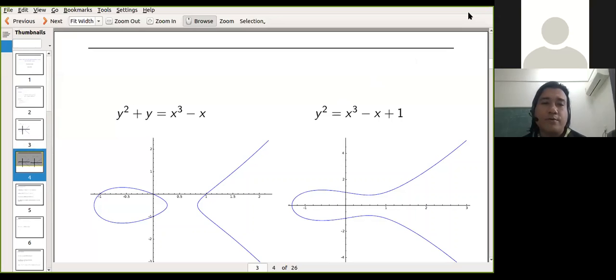In the first one we have two components, we can see two components here. In the second one we just see one component. It's smooth.